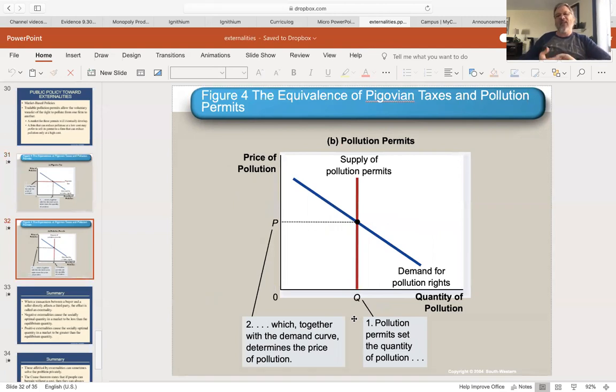So these tradable emission permits have, I would say, within the last 20 years become more common than pollution taxes. They're used in particular in the state of California for the regulation of carbon dioxide emissions, which you probably know are a greenhouse gas pollutant that contributes to global warming.